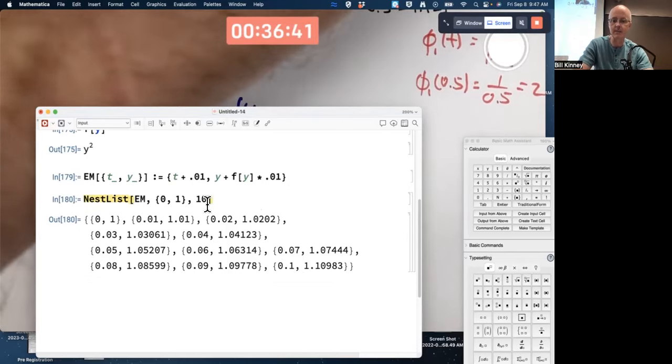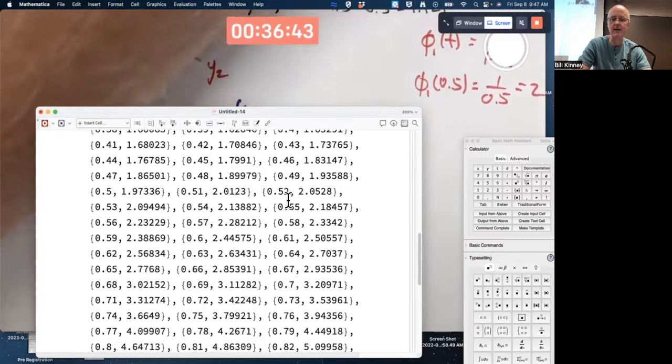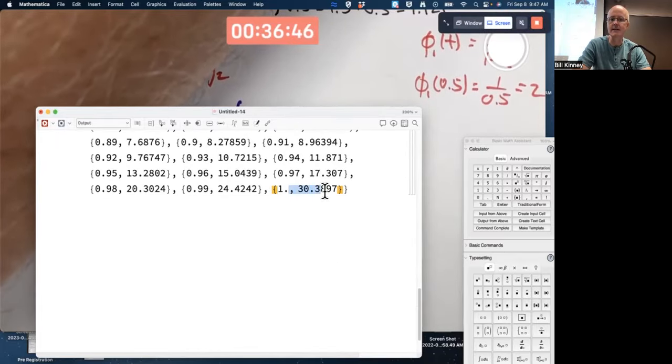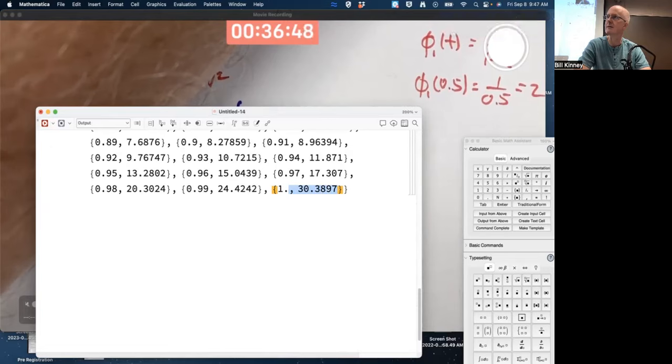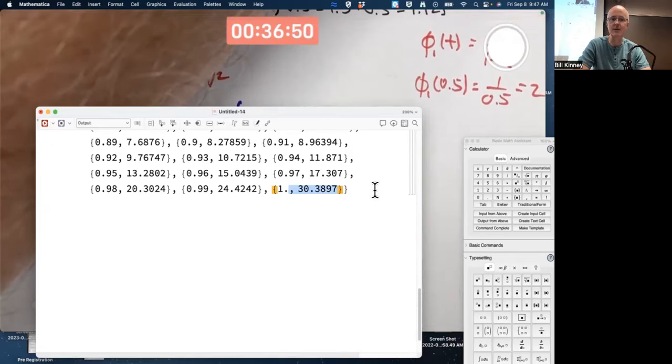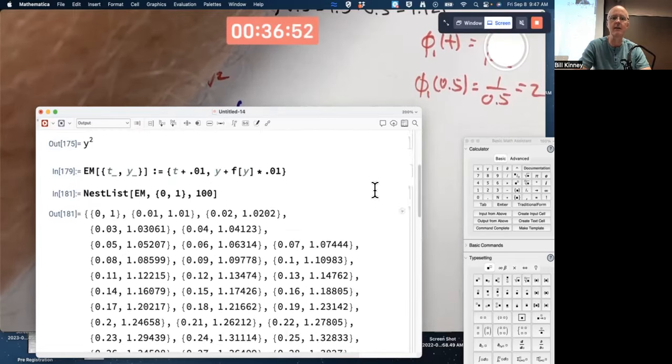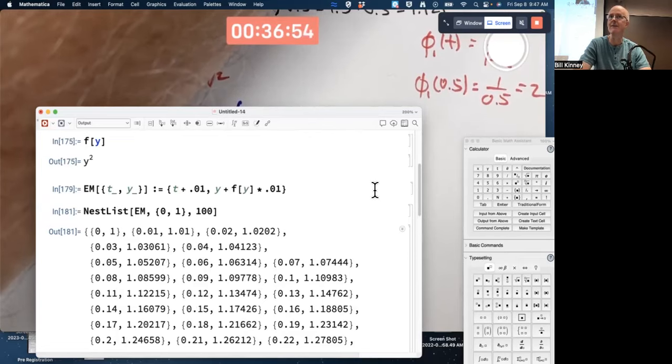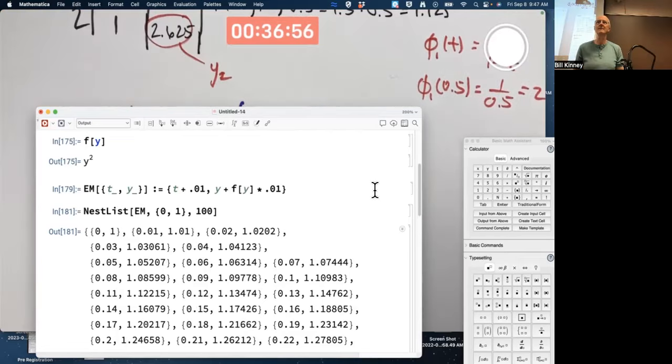But after 100 steps, we'd be into inaccuracies, once again missing the vertical asymptote. And yes, it did just do 100 steps just like that. Okay? So that's a quick intro into how to use Mathematica to implement Euler's method.